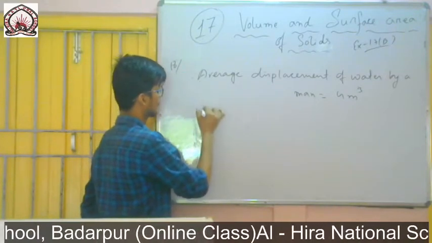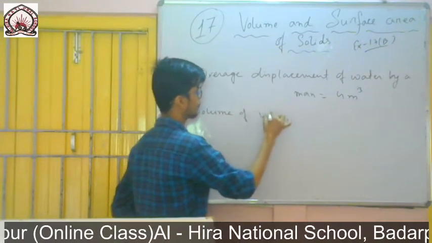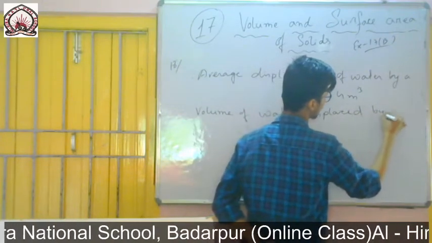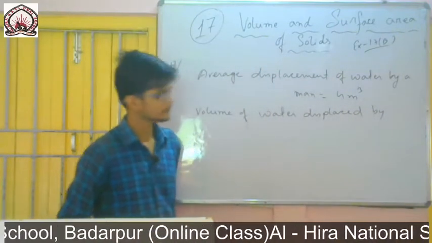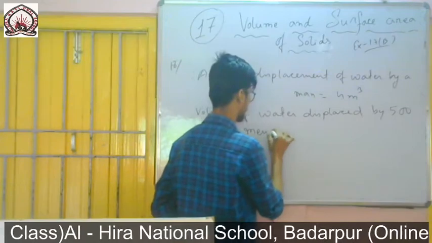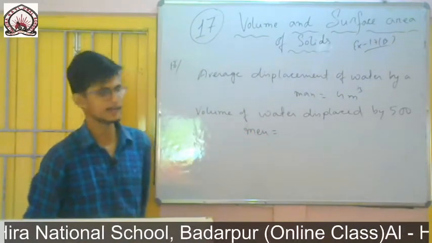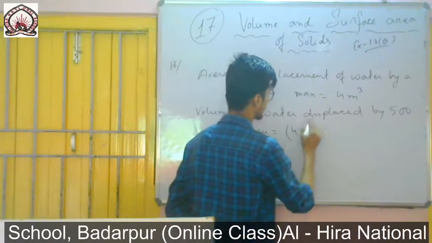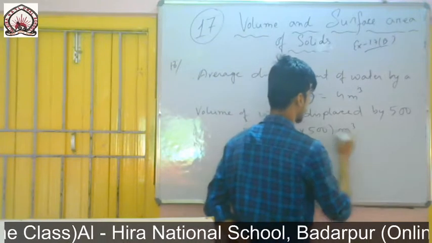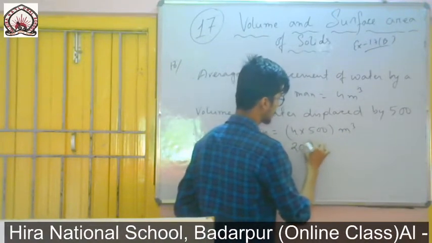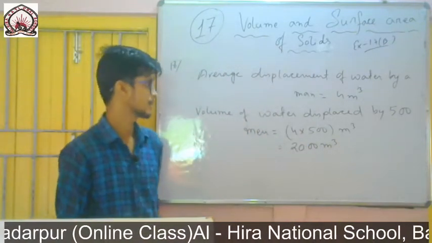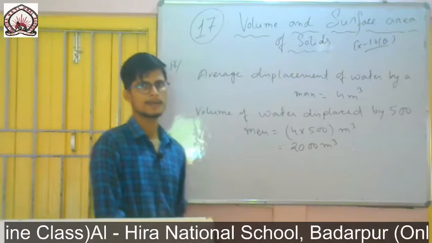So you write, therefore volume of water displaced by 500 men will be equal to average displacement into the number of men. Unit will be meter cube. 5 4s are 20, 20 meter cube. So this is the volume of water displaced by 500 men.